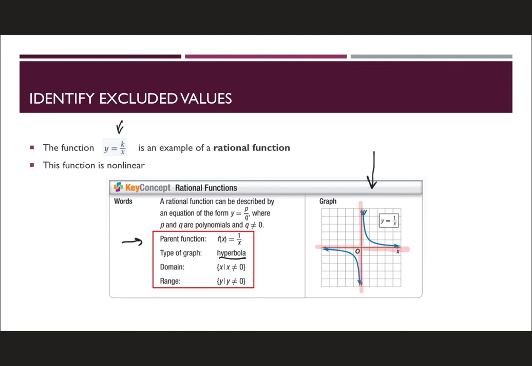So another way you could write this is that the domain includes all the negative values up until 0 at the origin, or at the y-axis to be precise. But then it picks back up again on the other side of 0 and continues on to infinity. Okay, so that U means there's a hole there. That U indicates a hole.